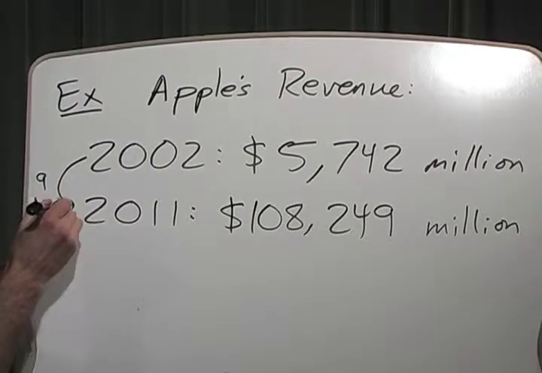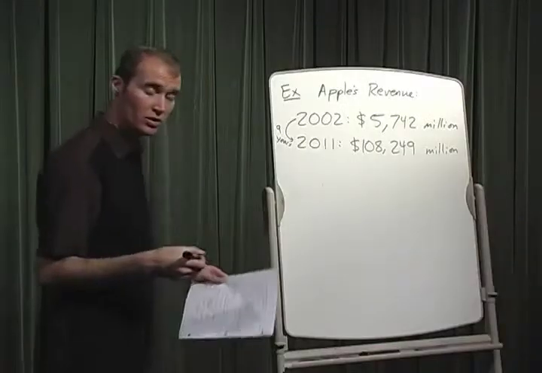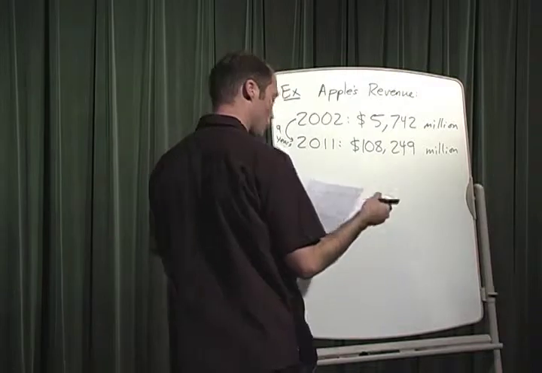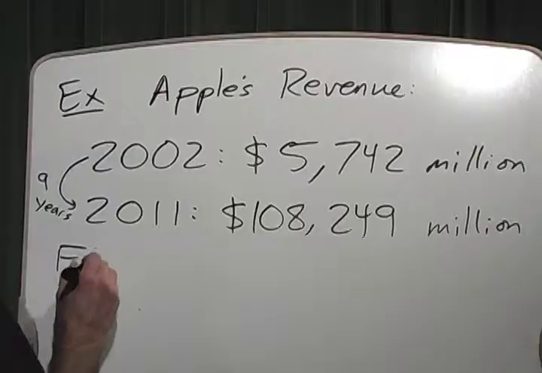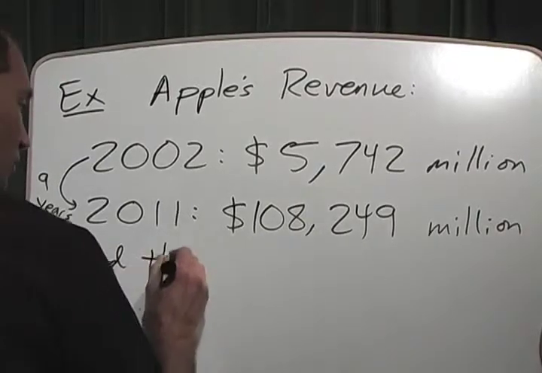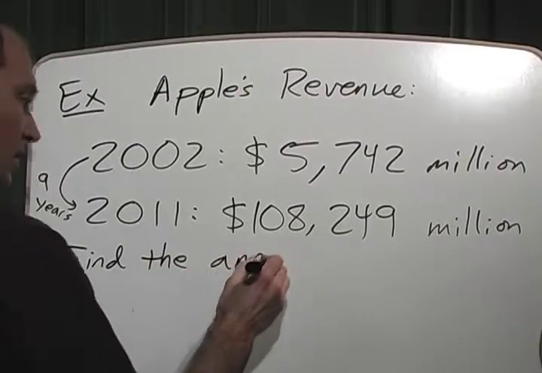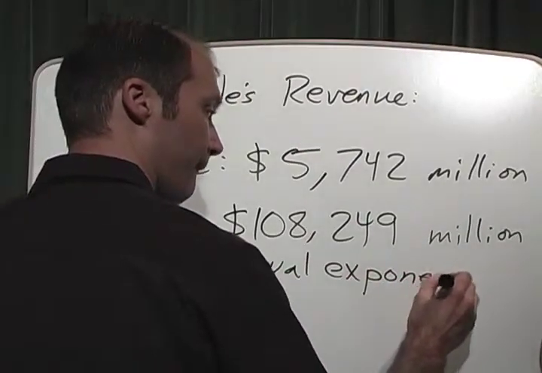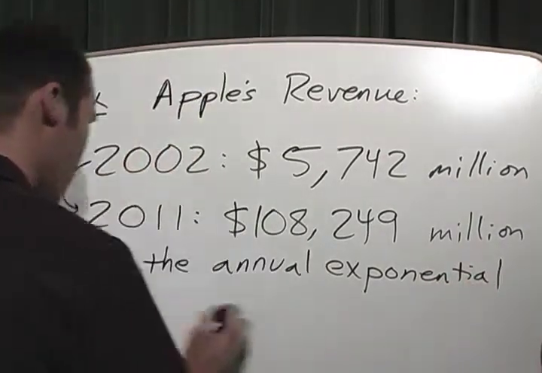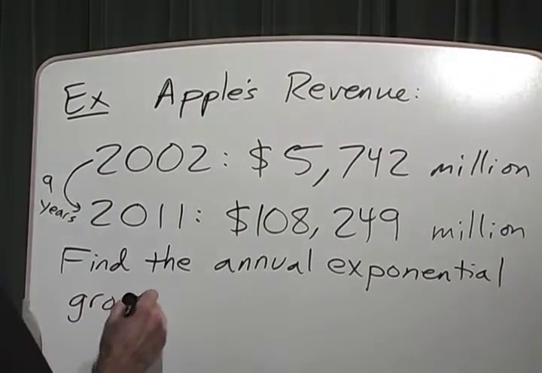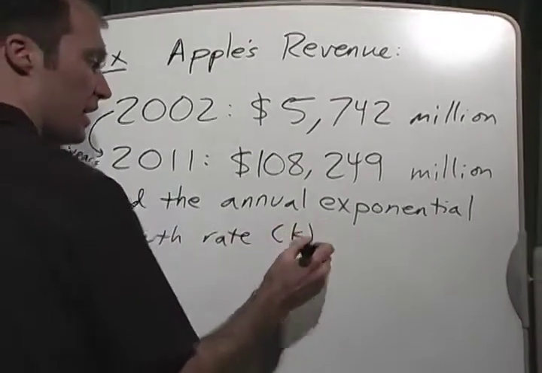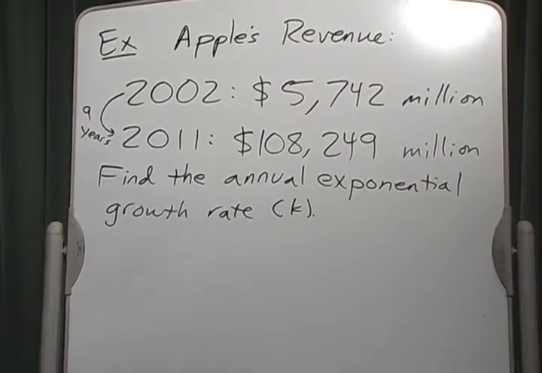So what I want to do is figure out the annual exponential growth rate k. Find the annual exponential growth rate, which is given by the letter k.